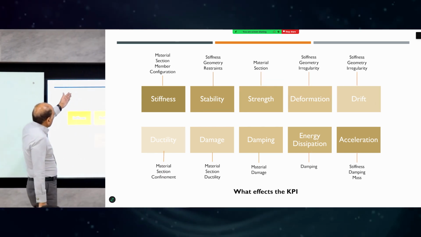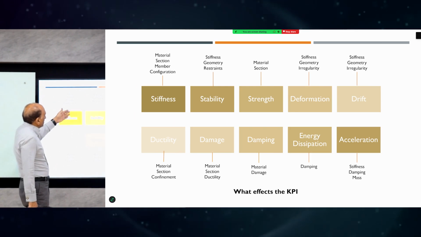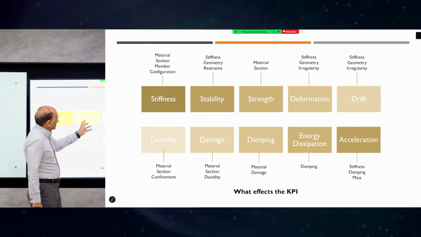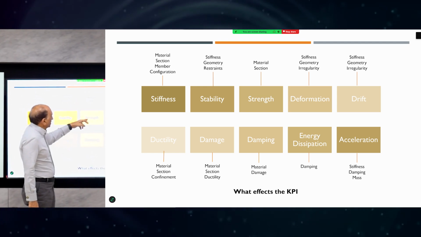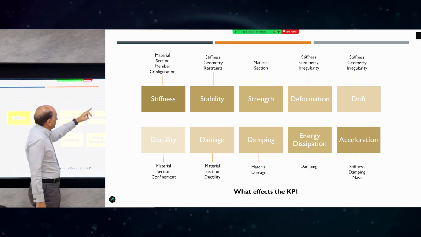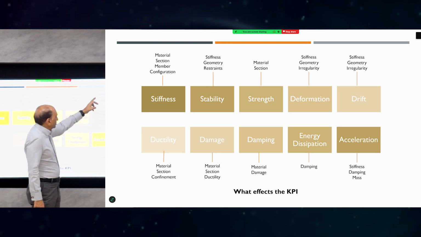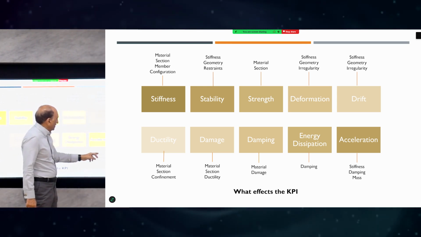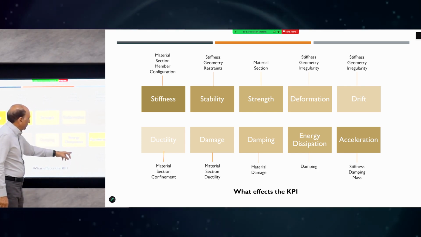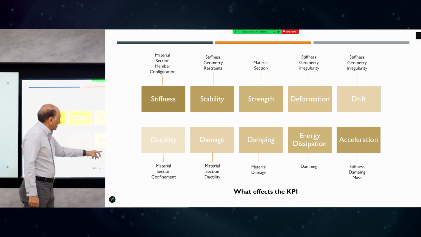So stiffness comes from material, section, member, configuration. Stability comes from stiffness, geometry, restraints, foundation, soil. Strength comes from material and section. Deformation is controlled by stiffness, geometry, and irregularity. Drift is controlled by stiffness, geometry, and irregularity. Acceleration is controlled by mass, damping, and stiffness. Energy comes from damping, from damage and material.